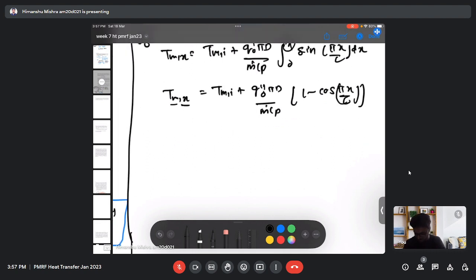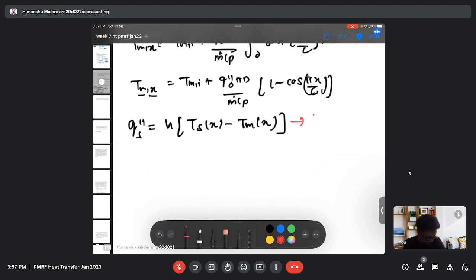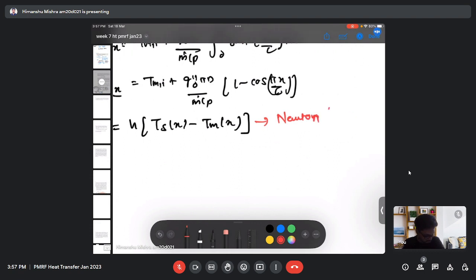Now, to define the surface temperature, my heat transfer can be written in terms of Newton's law, which I got right from Newton's law of cooling. We were using this formula in every problem from the last 2 weeks.